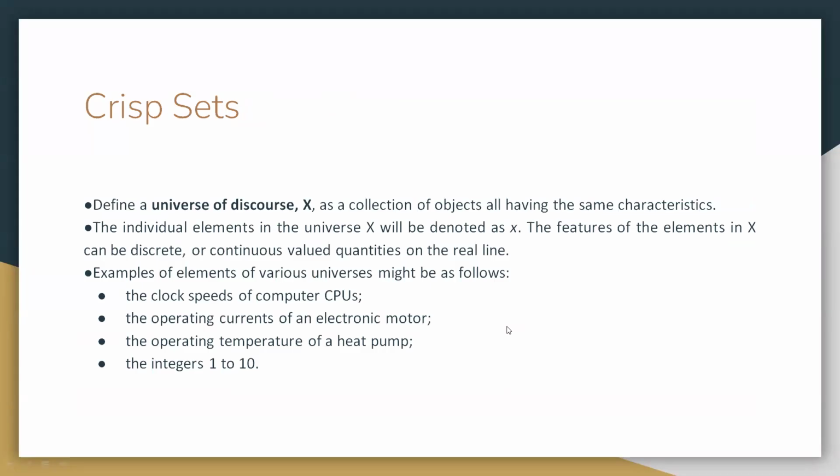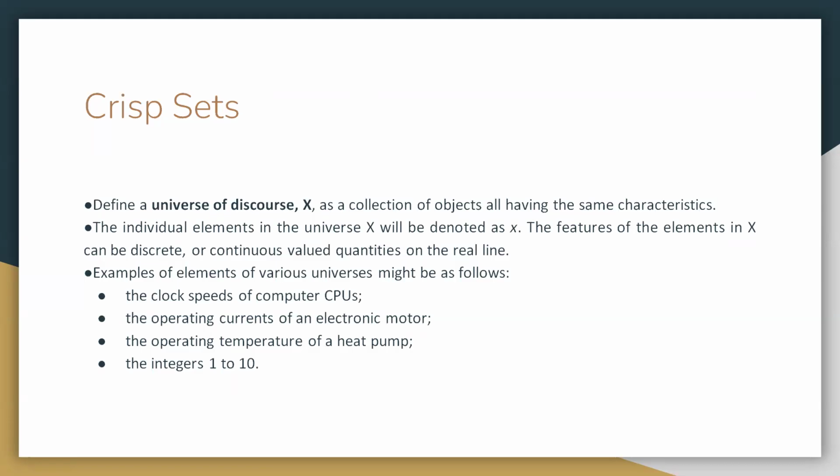In order to define a fuzzy set, we need to know the basic concept of a universe of discourse. Basically it is the entire collection of objects that have the same characteristics. All the elements in the universe X, denoted by capital X, will be denoted by small x.